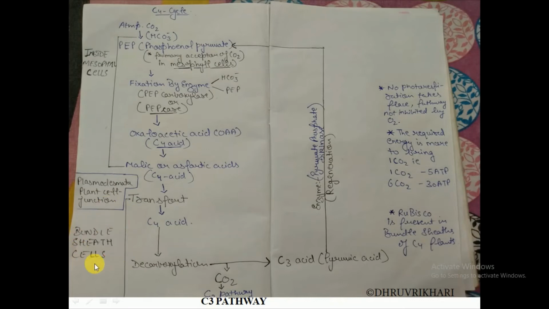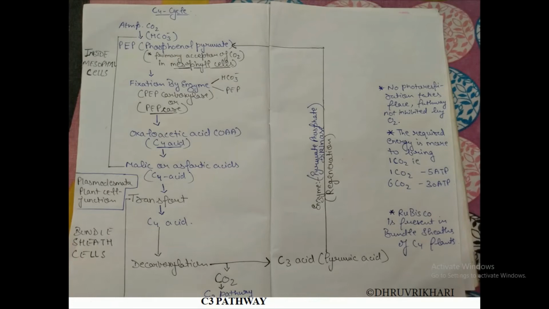In the bundle sheath cells, the C4 acid is getting decarboxylated. The product of this decarboxylation is CO2, which is now utilized for the C3 pathway, known as the Calvin cycle pathway. This CO2 is involved in the C3 pathway because in bundle sheath cells the rubisco enzymes are present.